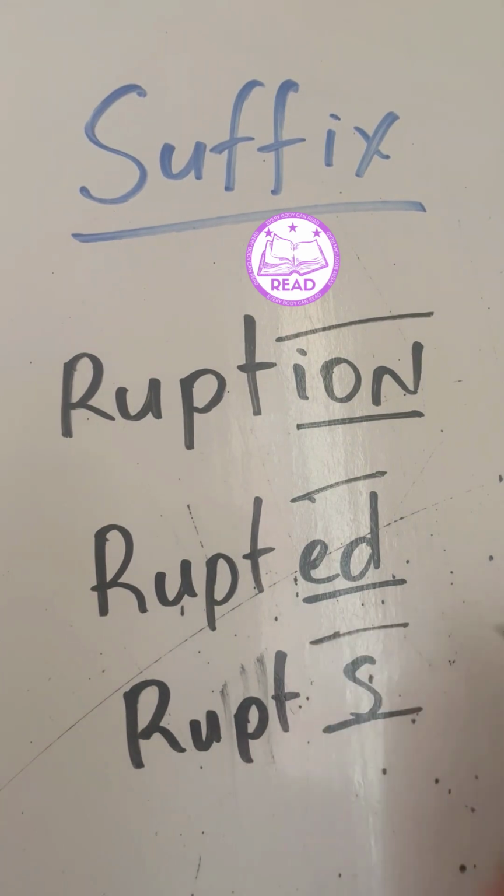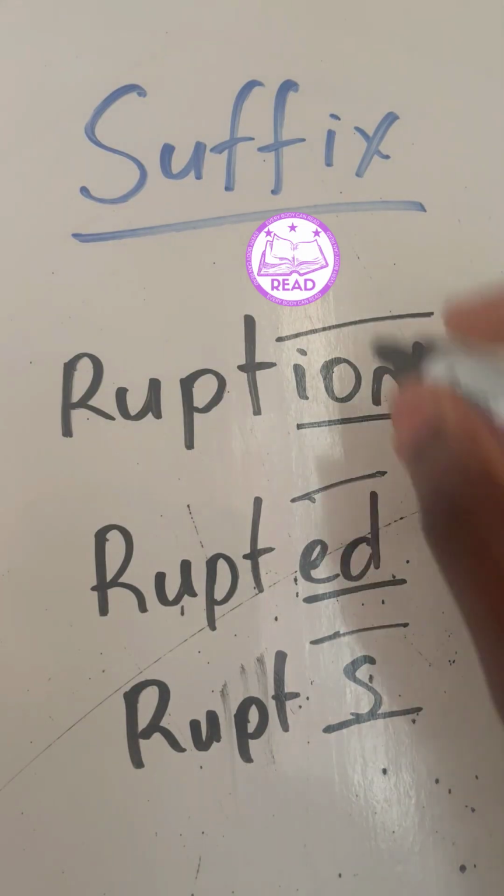And you see this s, right? It is also a suffix, which means we can add suffixes to the end of the root word or the base word, and what that does is create different words. It changes the meaning of the words.